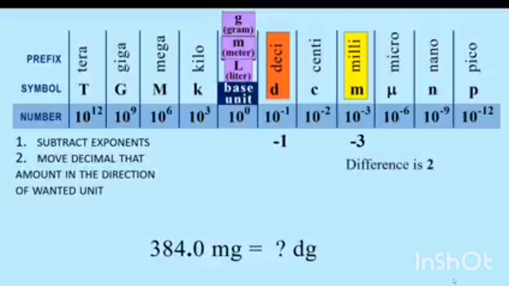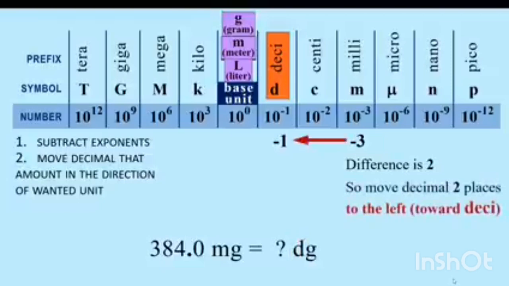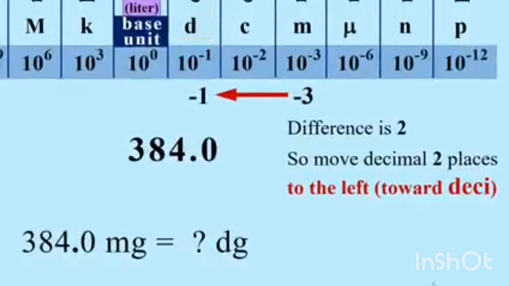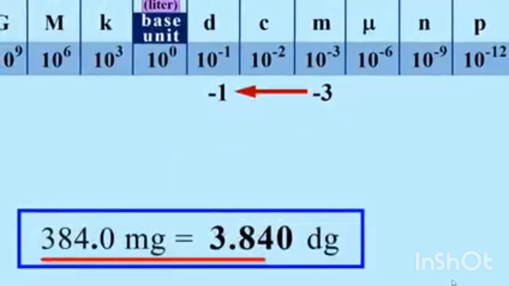We subtract, and the difference is 2. Deci is the wanted unit, so move the decimal 2 places to the left toward deci. Starting with 384.0, the decimal is moved 2 places to the left, which gives 3.840. 384.0 milligrams is equal to 3.840 decigrams.